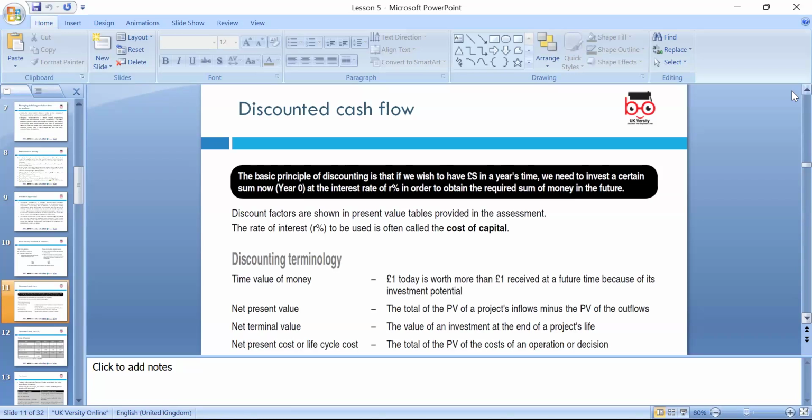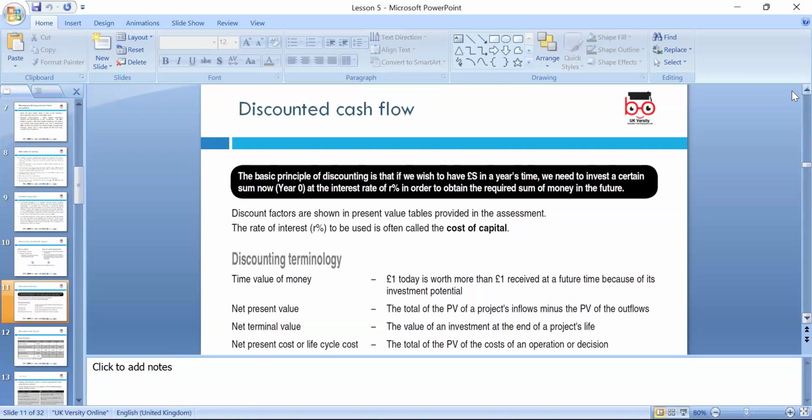So you have to look at compounding interest and at inflation factors and their impact, so that we live well. Cost of capital, the discounting terminology: time value of money, net present value, net terminal value, net present cost, or life cost.